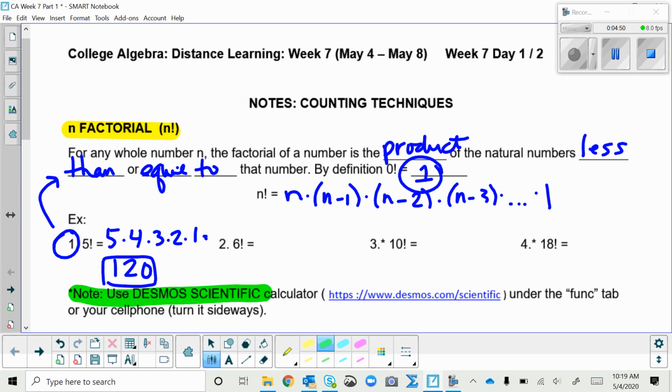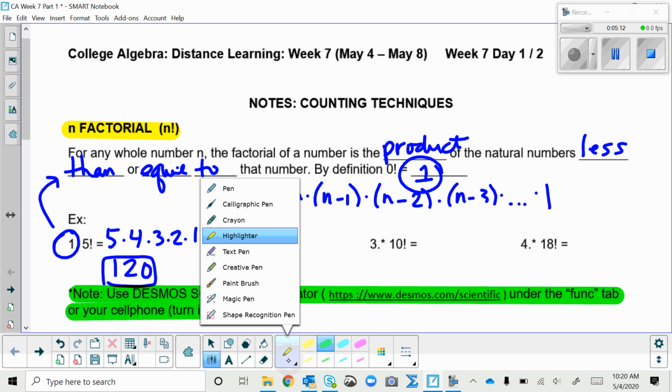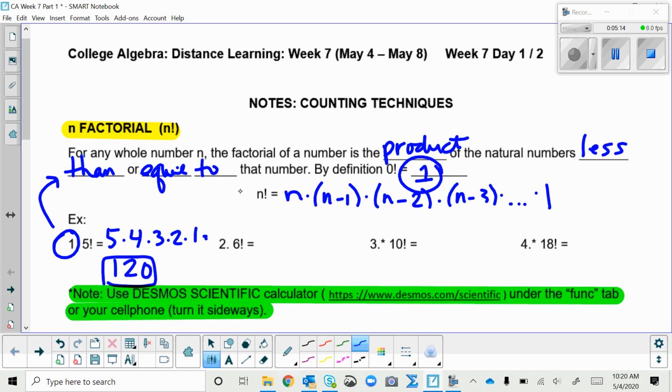Use the Desmos Scientific Calculator at this website under the Func tab, F-U-N-C for function, or you can use your cell phone. Turn it sideways to display the additional functions that your phone calculator has. So take a minute using those methods and go calculate 6 factorial, 10 factorial, and 18 factorial.